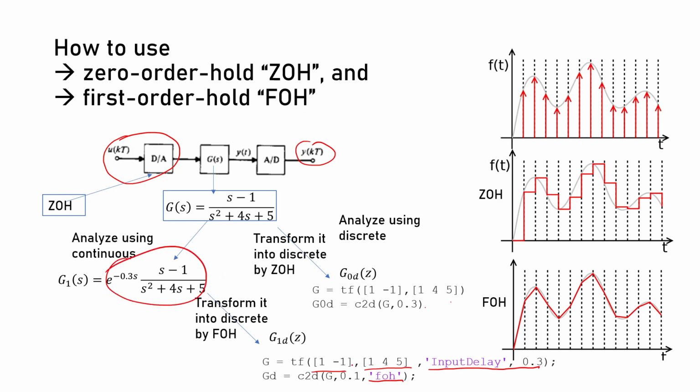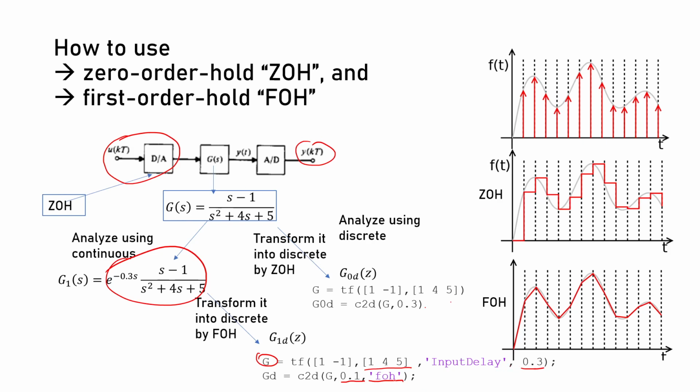After that, you convert this G from continuous to discrete, right? Sometimes your sample time can be different from the delay, just in case the delay comes from something else, not the zero order hold, let's say.